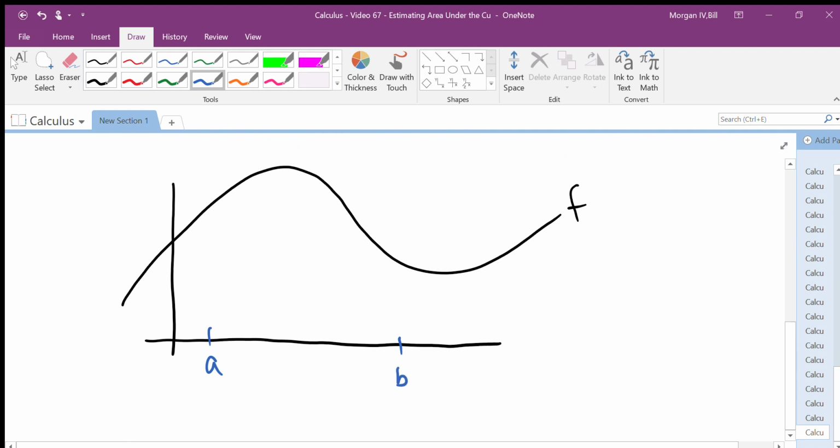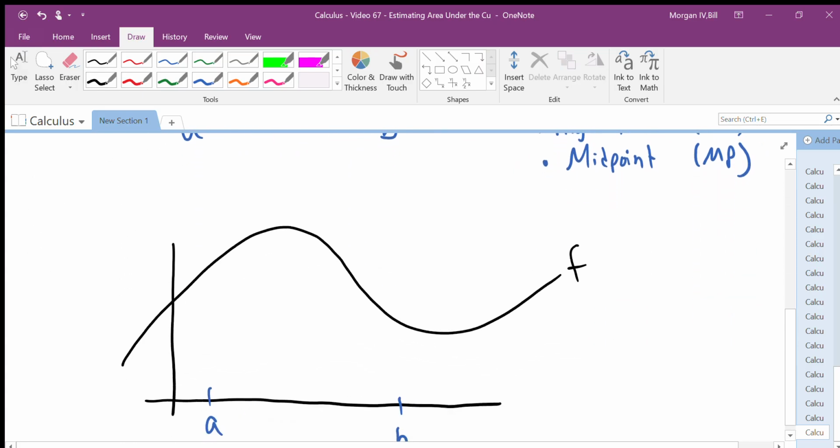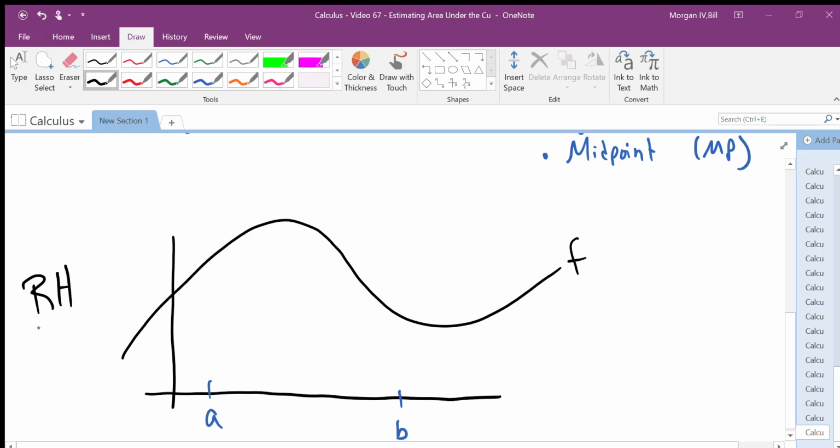But let's use right hand. So this first one is left hand, and this one is right hand. Still want to do 4 rectangles, so I'm going to divide this up into 4 rectangles. All right, looks like 4 rectangles.